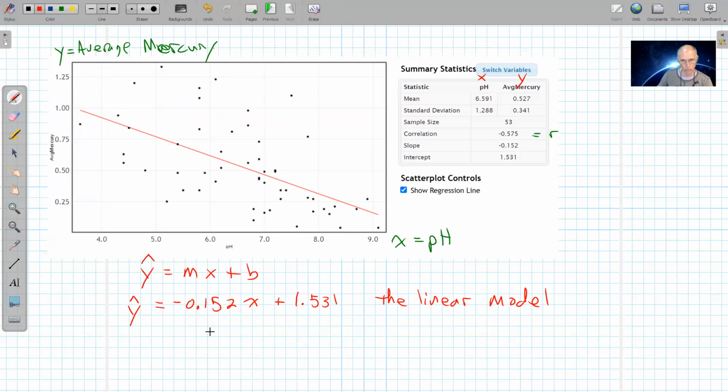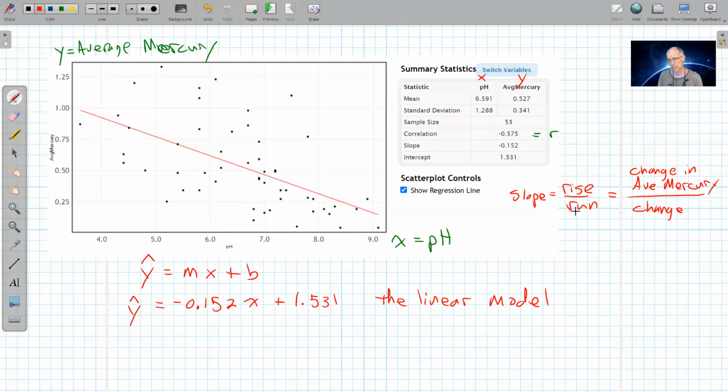Now let's try and figure out what the slope means. So slope, remember, is rise over run. My rise is the average mercury, so the rise here is a change in average mercury. And the pH is the run, so that is a change, right?